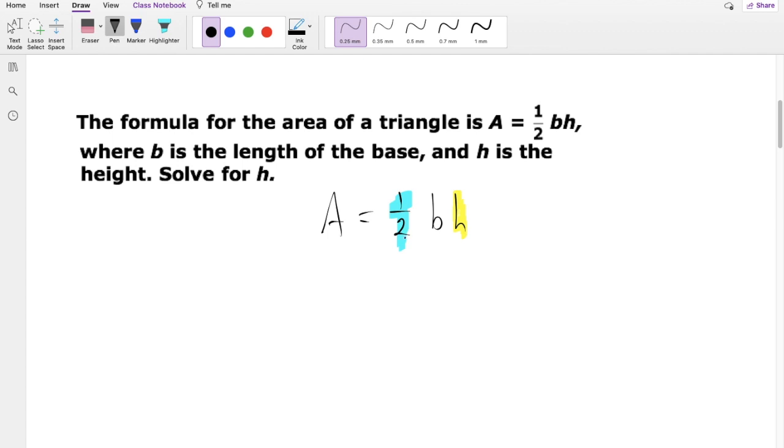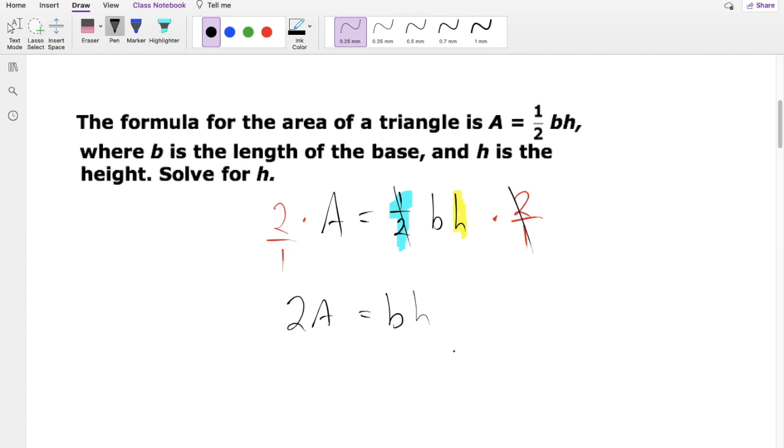Since it's being multiplied, I could divide it on both sides, or what I can do is multiply by the reciprocal on both sides. So that's what I'm going to do. I'm going to multiply both sides by 2/1. On the right side, the 1/2 and the 2/1 would cancel, and 2/1 times a just gives me 2a, and this equals b times h.